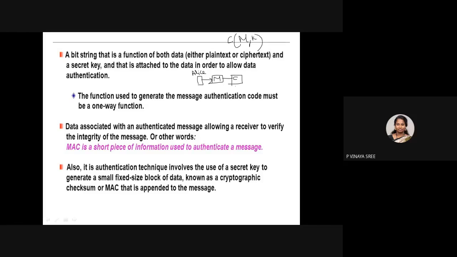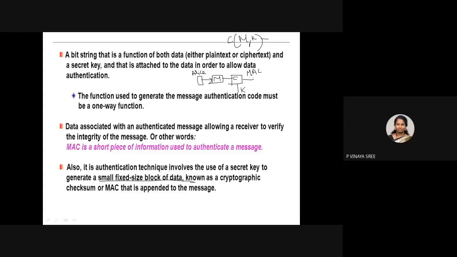It has to take the key too, so that the output from this is a fixed size block of data. The output from this is a MAC, which is fixed size. Whatever the message length is, finally the output will be a fixed size.